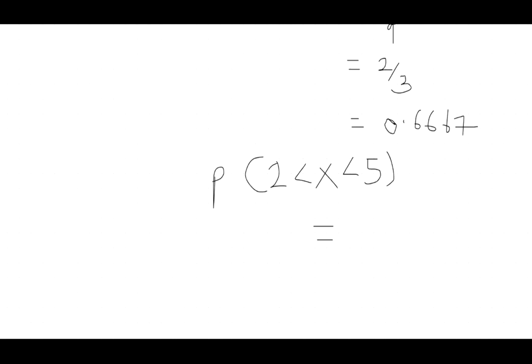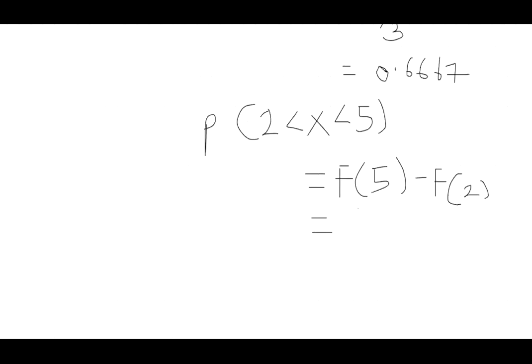So let's do what I mean here. This is what we are going to have. This would be f of 5 minus f of 2, and that is going to be f of 5 is 1/10. Is it 1/10? Sorry, f of 5 means probability that x is less than or equal to 5, and that's going to give us 5/10.